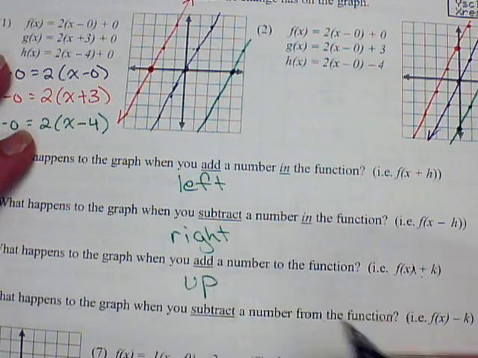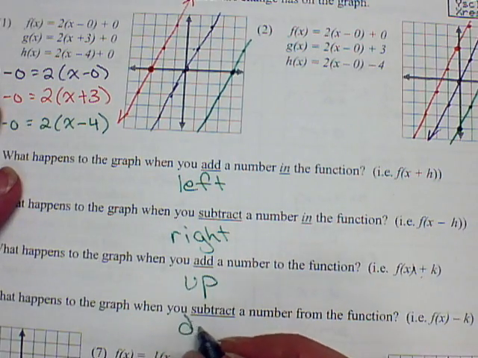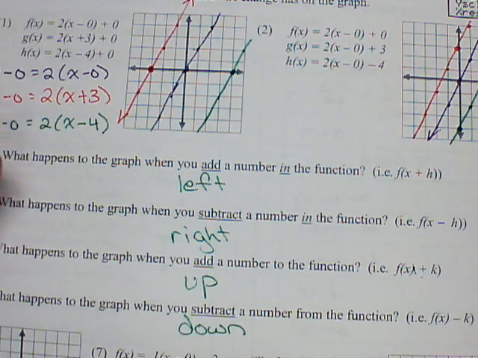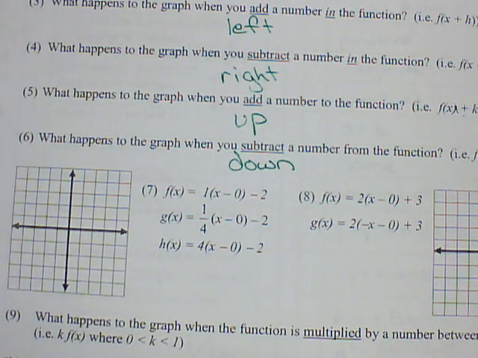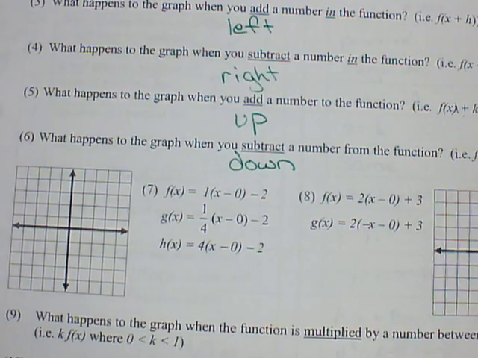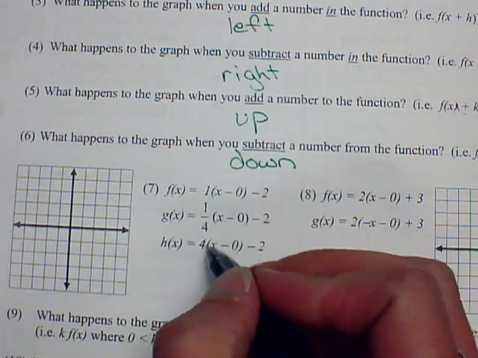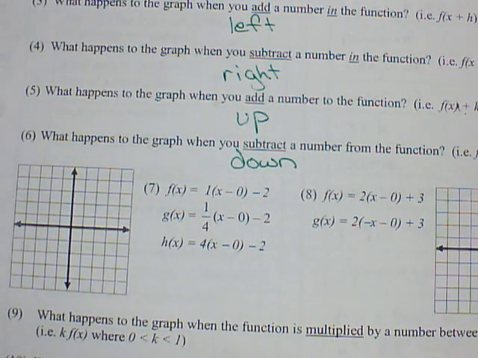When I subtract something, it's going to move it down. Now, if you relate this back to the point-slope form, you'll find out that that is your slope. And we can test that theory.